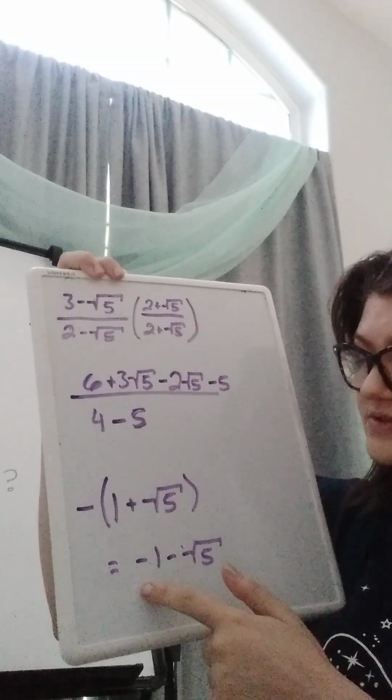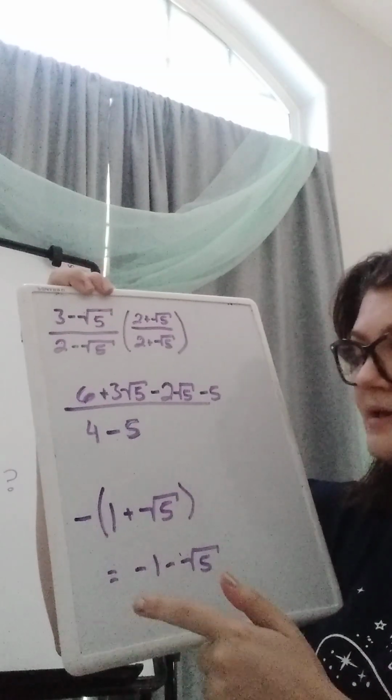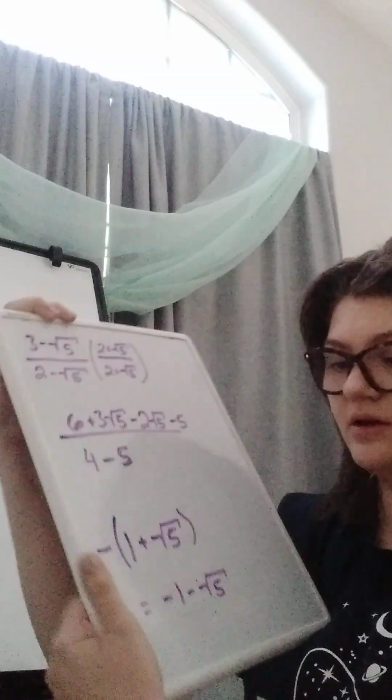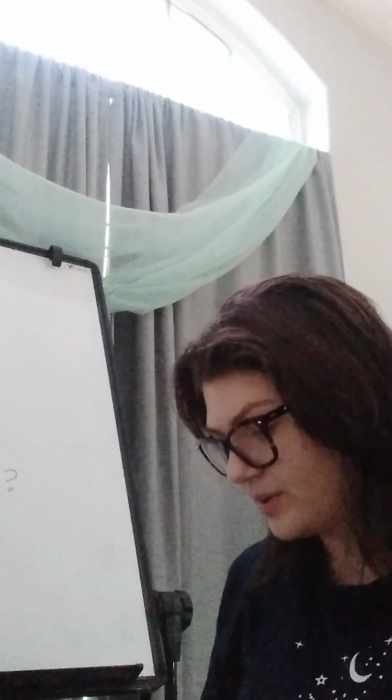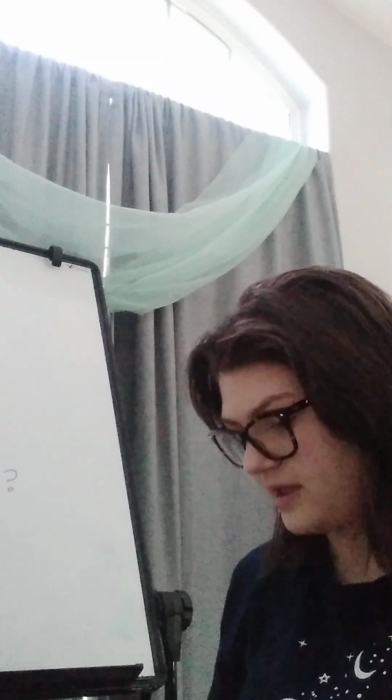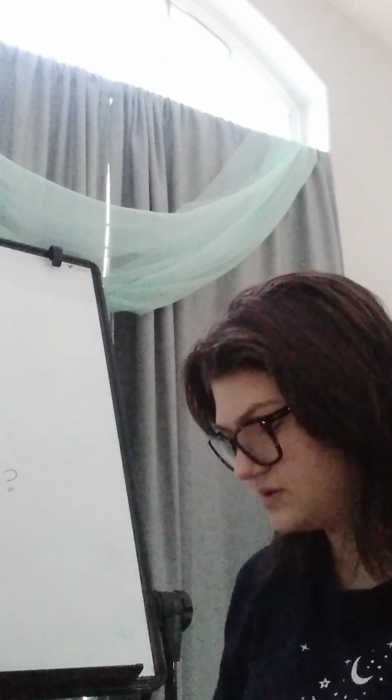And I would get used to writing it this way because technically, if you're looking at a rational number, you want to write it in the form of a plus or minus the square root of b, and the same thing goes with your imaginary numbers, a plus or minus bi, right?